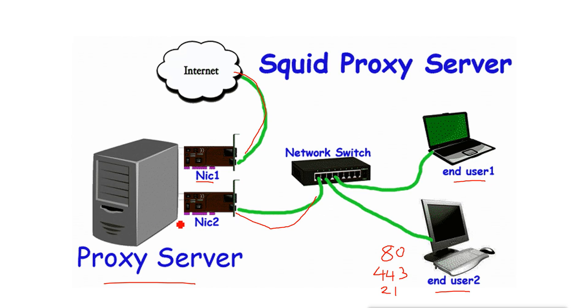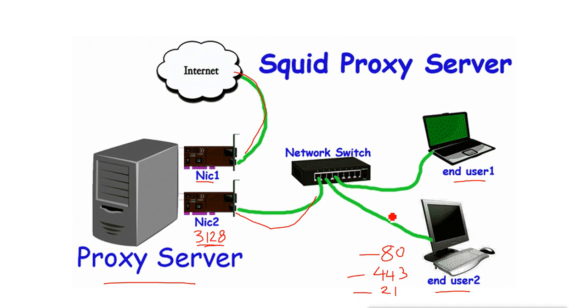So our proxy server listens on a unique port. It is called 3128. This is the default port for our proxy server, so our Squid proxy server will listen on this port. So what we do here, on the end users' machines, we will configure them to send any request of port number 80, 443 or FTP on this port.